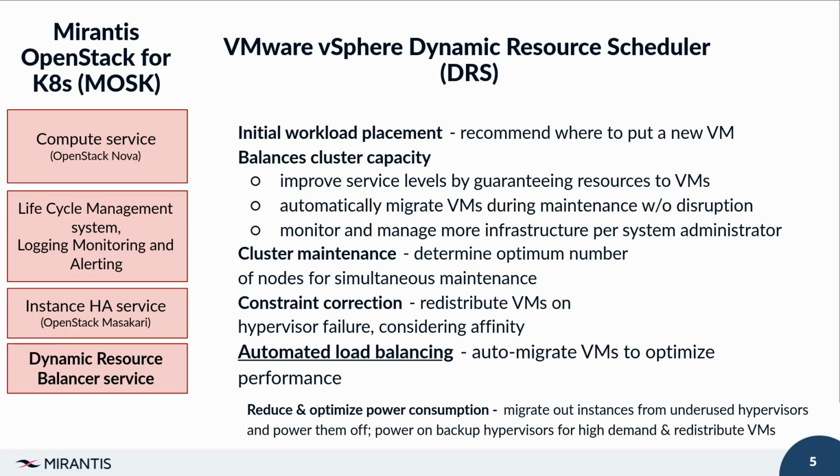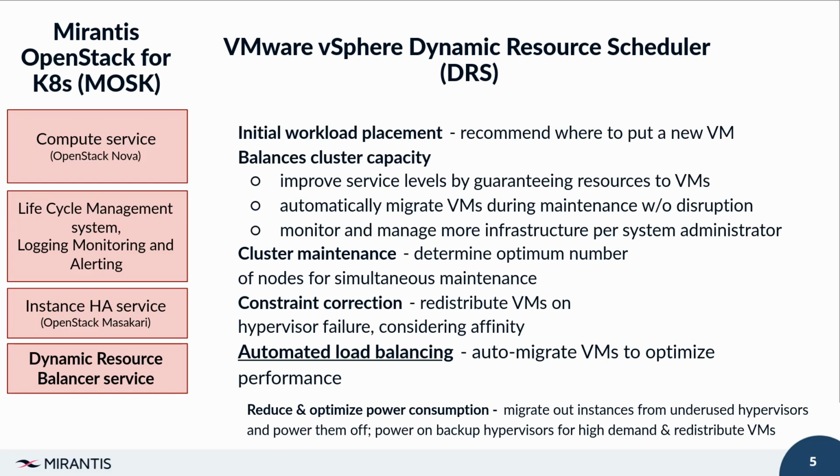What else does DRS do? It helps to handle failures in the cluster. So if some hypervisor is experiencing problems and, worst case, it just goes off, of course, things happen, it helps to move the VMs to different places so that they keep working there. In the OpenStack ecosystem, there is a project or service called OpenStack Masakari, which implements exactly the instance HA functionality.